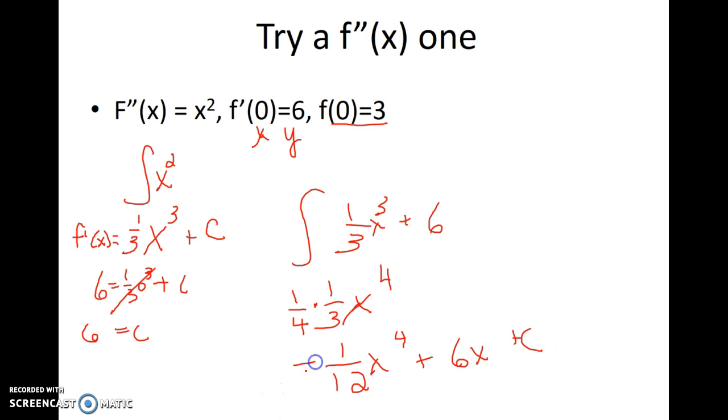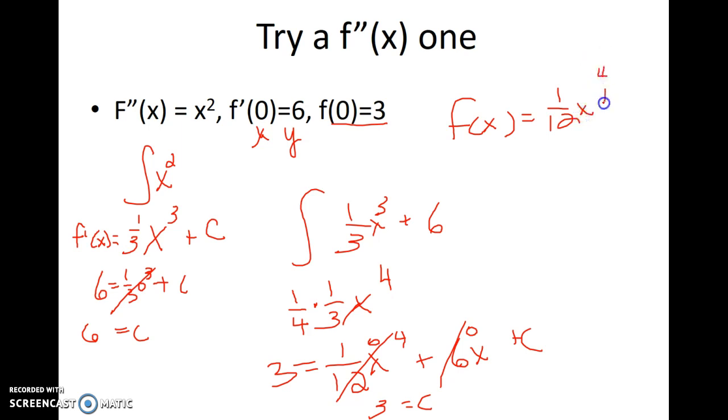I'm going to set this equal to 3 and plug 0 in for these x's, which again is easy because that's going to drop these terms, and we'll see c equals 3. So my final function will be 1/12 x to the 4th plus 6x plus 3.